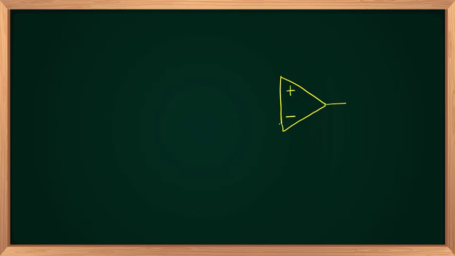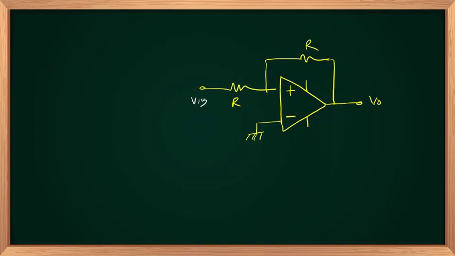Positive, negative. Here it is grounded now. R, R, Vout. This is my Vin, Vin, plus VCC and minus VCC.